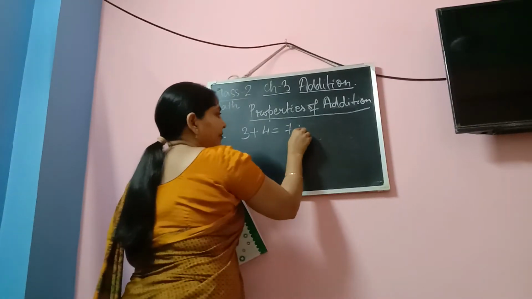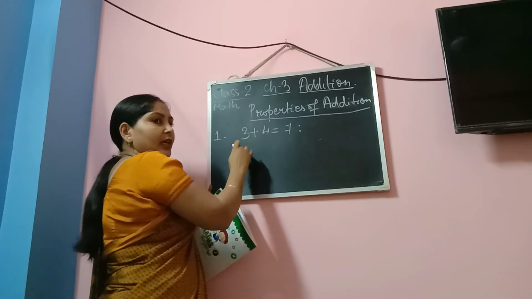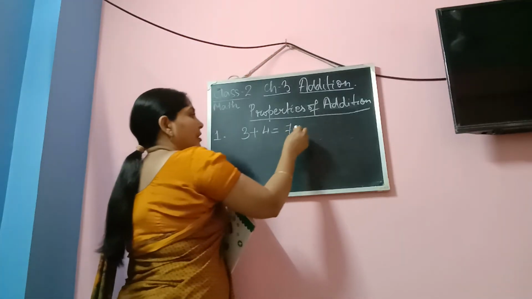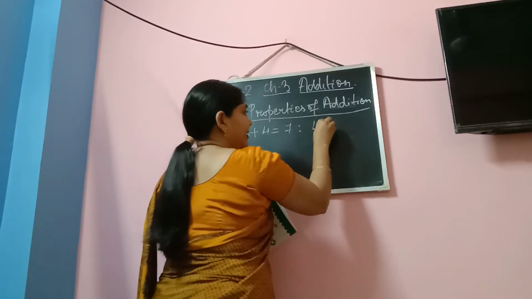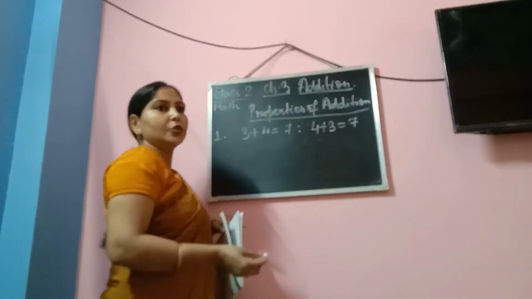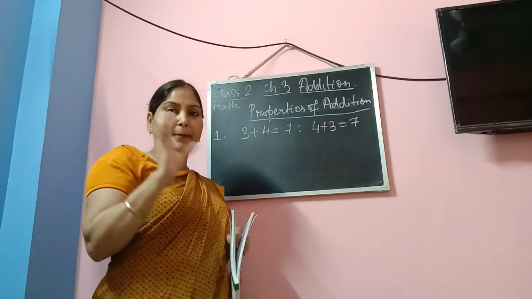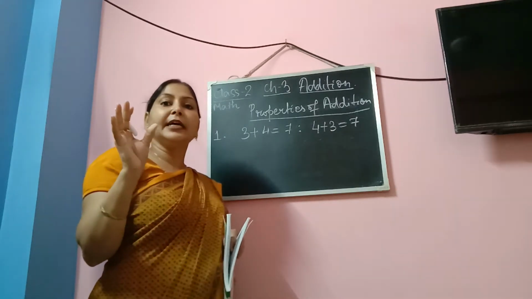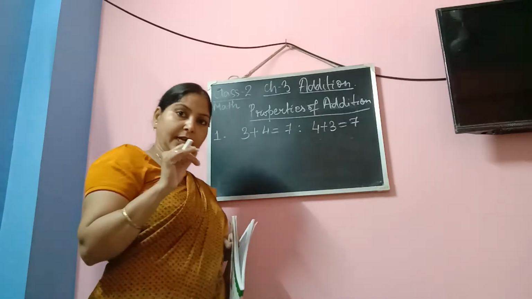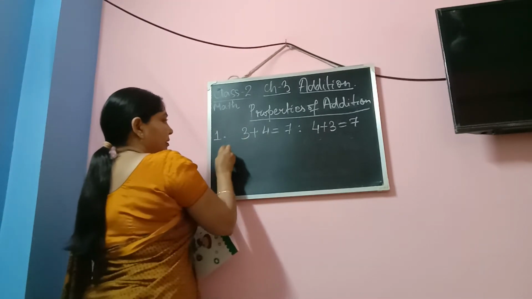Okay. And if I just change the order of the addends, these are called addends, the numbers which are being added, if I write 4 plus 3, that will also be 7. So the first property is: if you change the order of the numbers in addition, the sum does not change. It remains the same. Right? Okay. This is the first property.